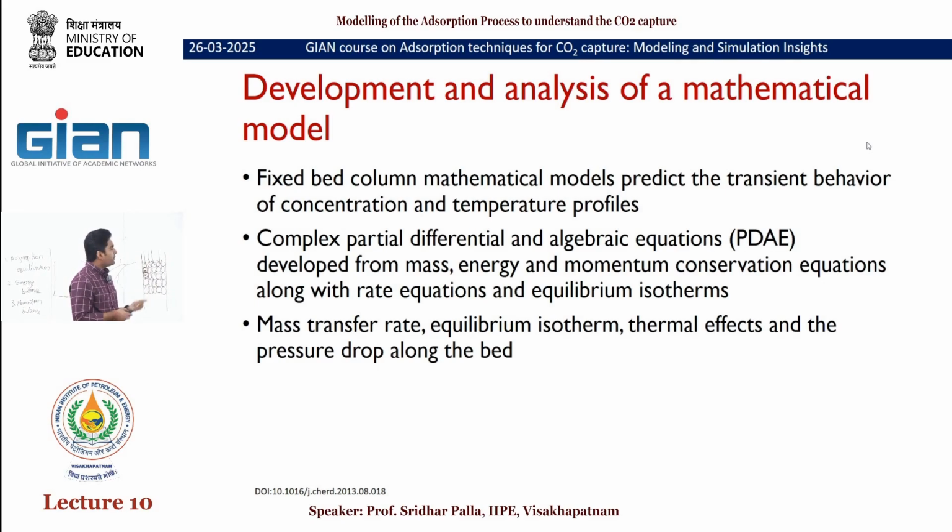We will also incorporate the mass transfer rate, how the CO2 transfers from the gas phase, that is the bulk phase, to the surface, and equilibrium adsorption isotherm models will be incorporated in the system. That will tell us the capacity of these models, and also the thermal effects and the pressure effects.